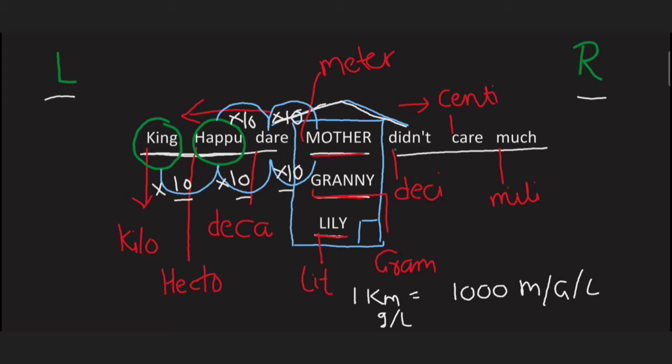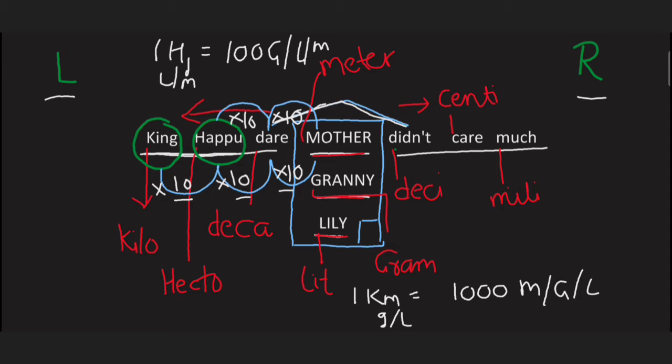That means 1 hecto is equal to 100 gram, liter or meter. So 1 hectogram, 1 hectoliter or 1 hectometer is equal to 100 grams, liters or meters. This is how we are going to convert.